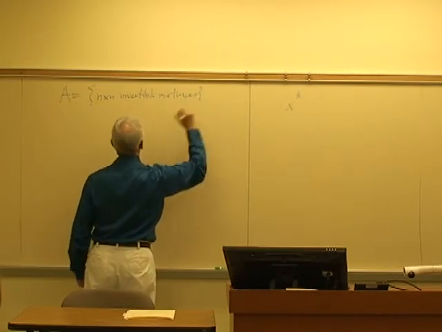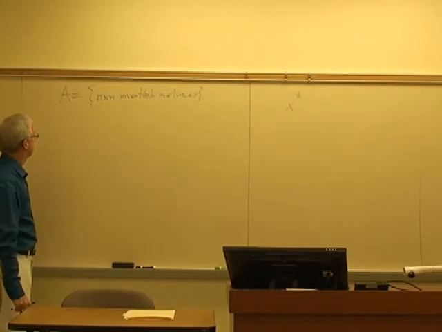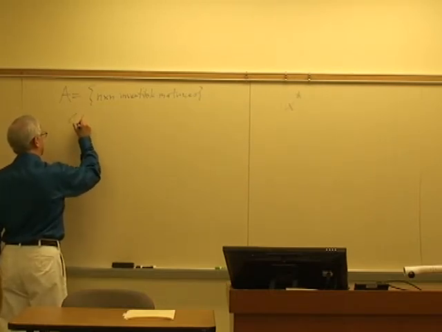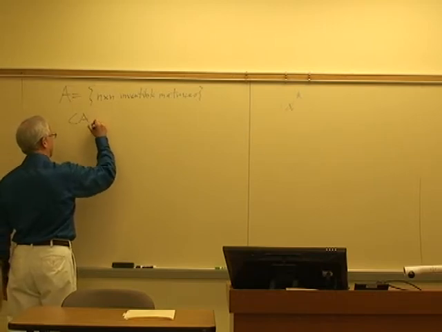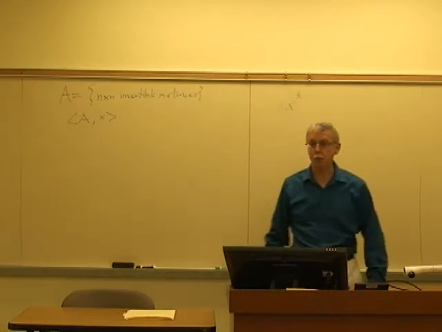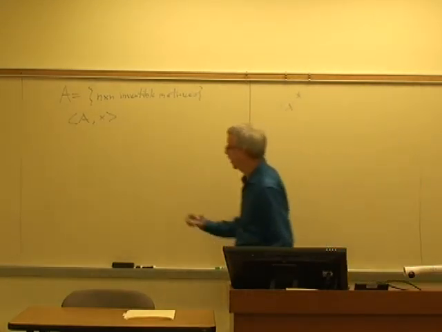The set of all invertible matrices of a fixed dimension, square. This is a nice thing. I want to consider this set with matrix multiplication. Now my star isn't multiplying anymore, it's matrix multiplication. So let's test it.